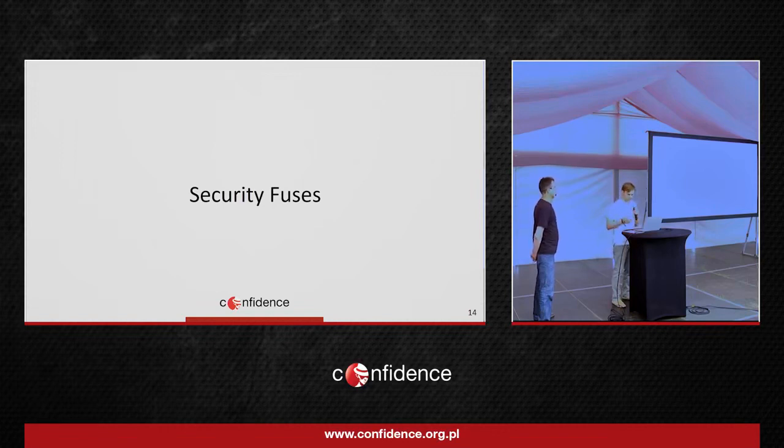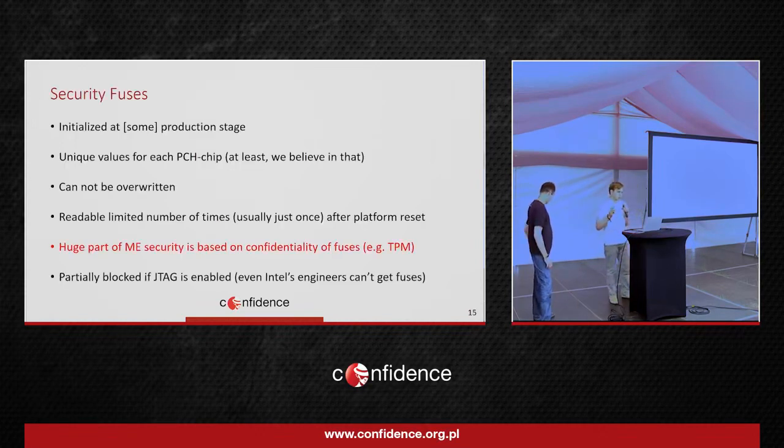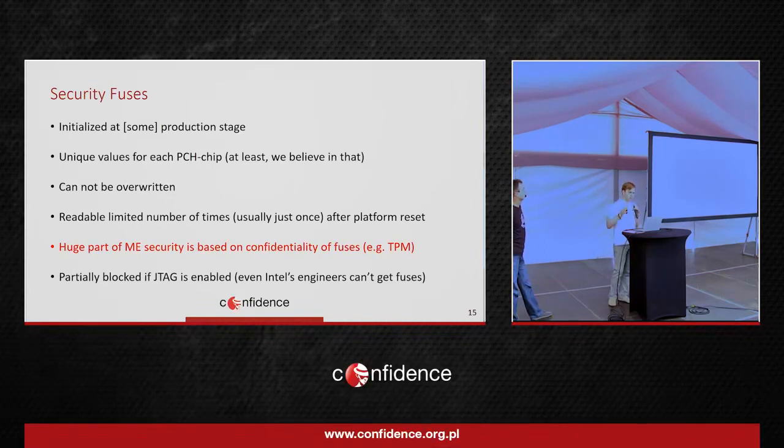Its value is initialized in some production phase, and this memory cannot be overwritten, because if an attacker can read or change this key, then he can compromise the whole platform.